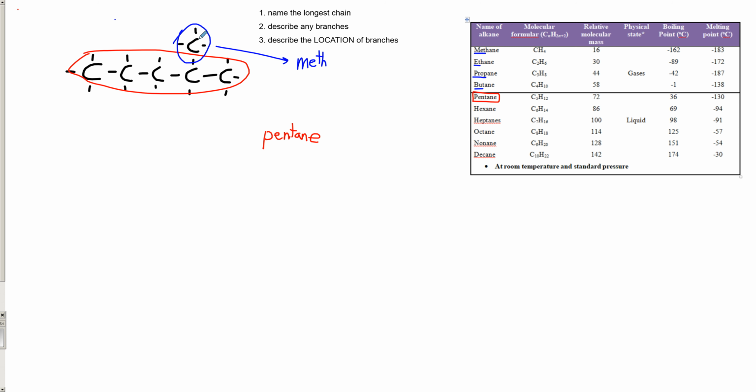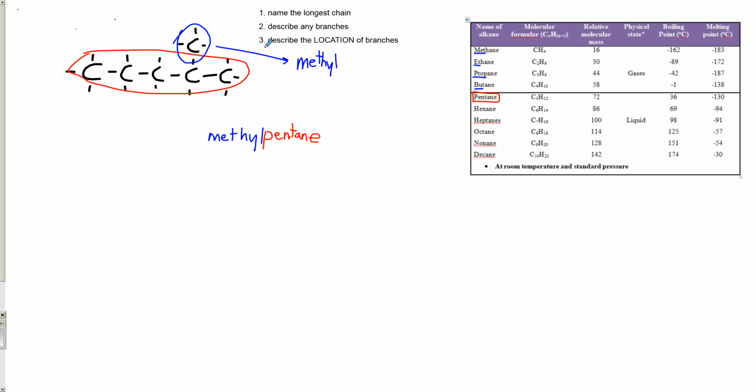And pieces like this get their own special ending word, which is methyl, Y-L, the name of a branch. So if I write methyl right here, and it's going to be 1 word, methylpentane. If I write that, now I'm saying, hey, there is a methyl group on my pentane. The last thing we need to do is describe the location of the branches.